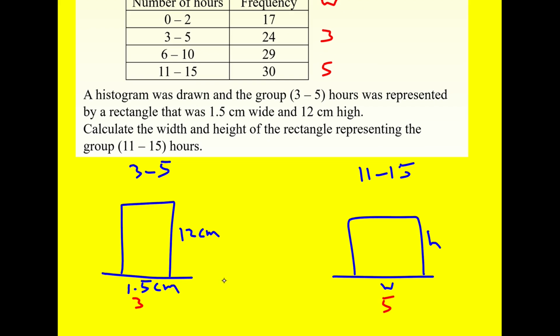So we can work out that 1 centimeter for the width is equal to 2 hours by dividing through by 1.5. And therefore, to go from hours to centimeters, I divide by 2. So the width is going to equal 5 divided by 2, or 2.5 centimeters.